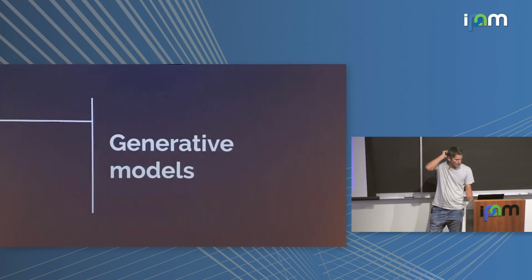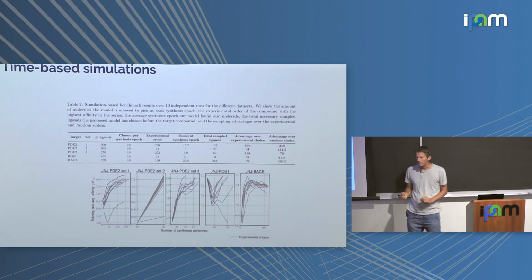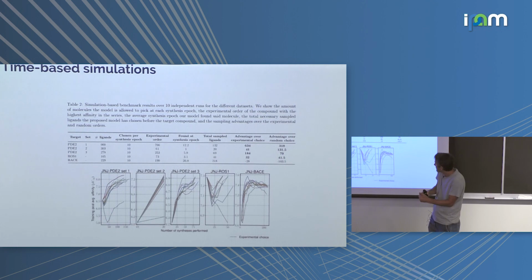One thing that we tried to do is, in the case of Janssen, Janssen actually came to the lab, so we could apply it in a time frame. So for each ligand we had the time at which it was synthesized. So we started to do this kind of simulation.